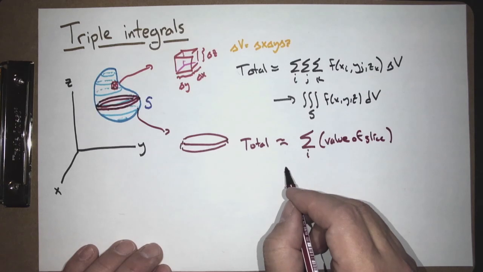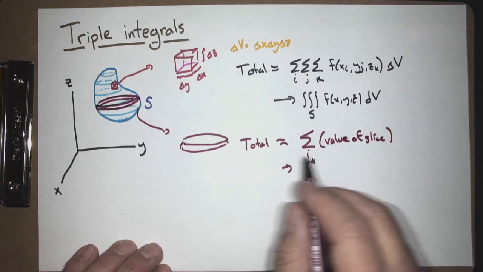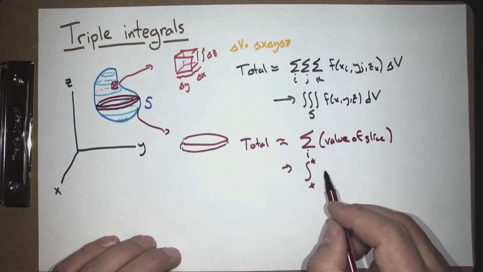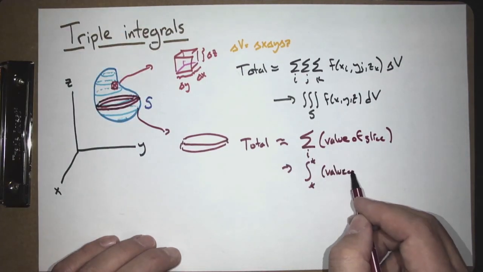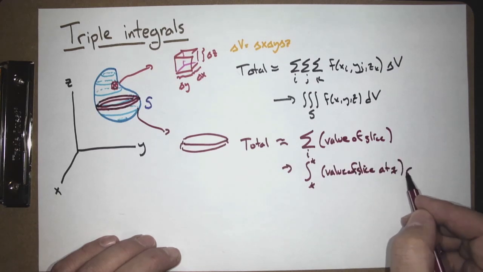If we think about that, that's really an integral with respect to z, because in this case we're slicing in the z direction, the value of the slice at z, and dz.